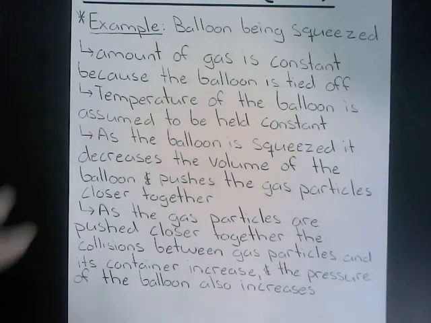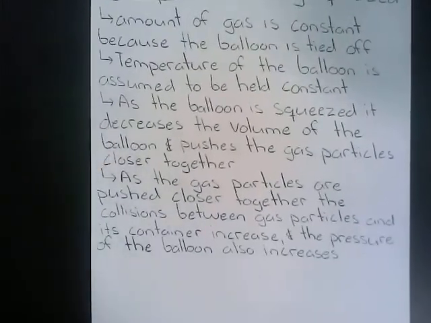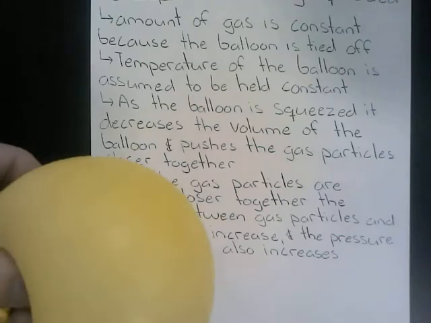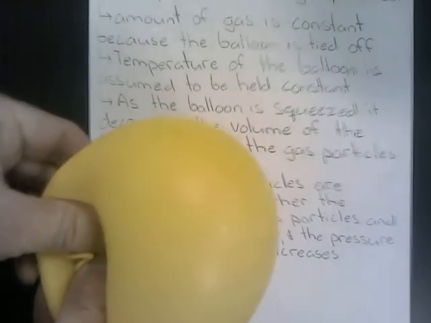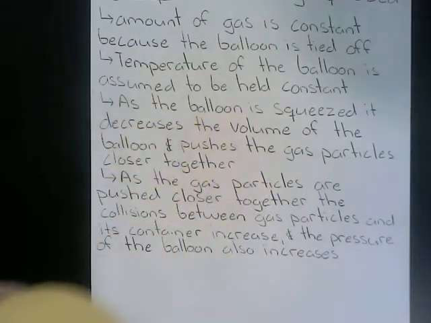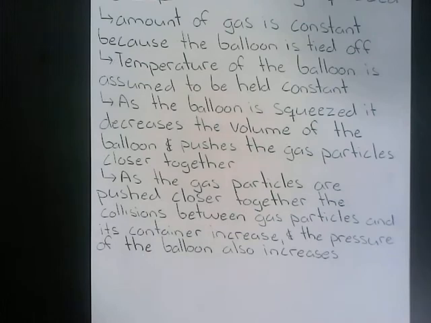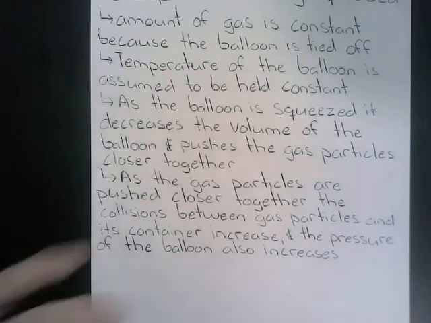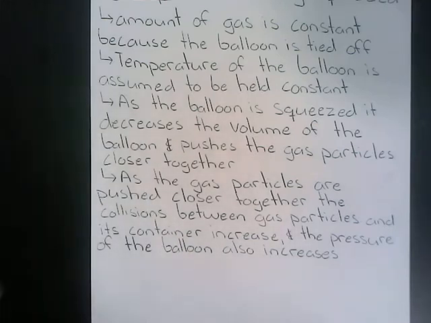Now, again, if I bring that balloon back and I squeeze it one more time, what I'm doing as I squeeze it is decreasing the volume, which results in the pressure increasing. And so all of this ties together with our last two statements. Again, when the volume of the gas decreases, the pressure is going to increase.